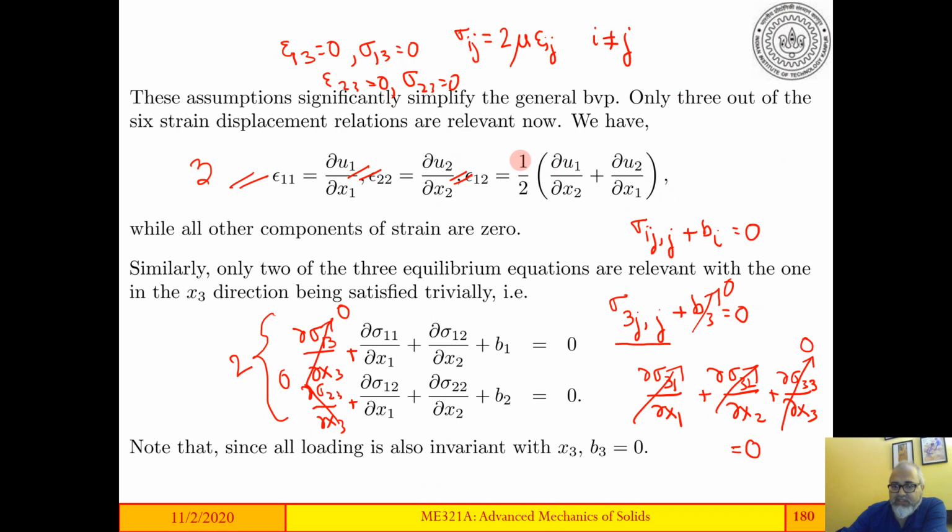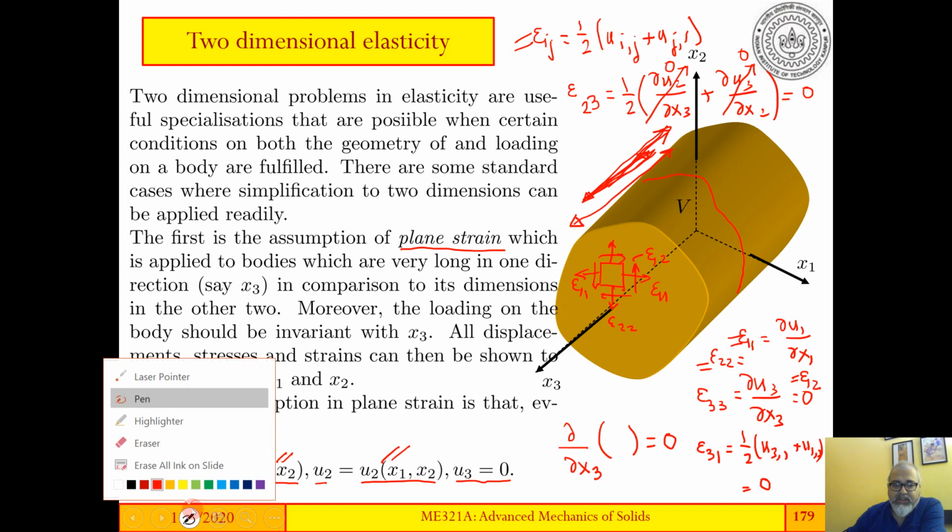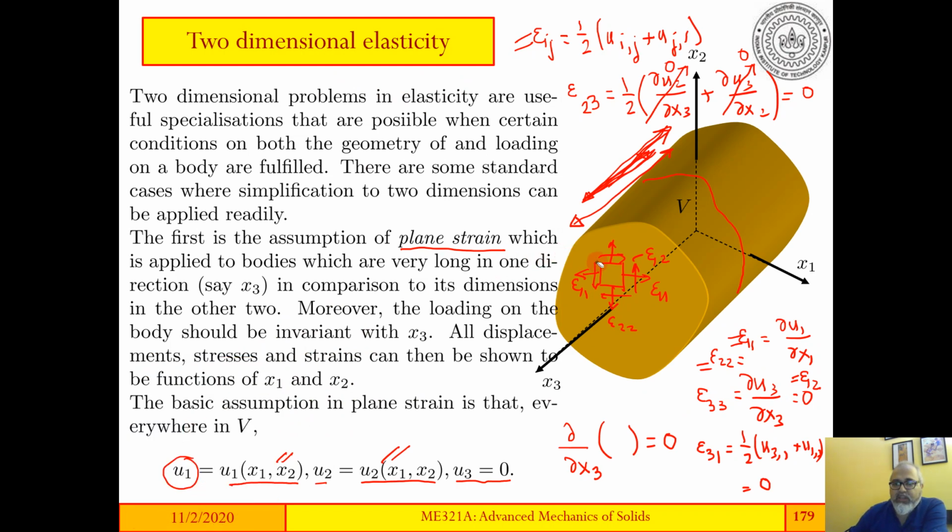So as it happens in plane strain, you cannot draw the stresses all in the xy plane or the x1 x2 plane. So if you try to draw the stresses now, take a pillbox. This is your sigma 1 1, this is your sigma 2 2, this is sigma 1 2, and you have an out of plane stress sigma 3 3 as well.